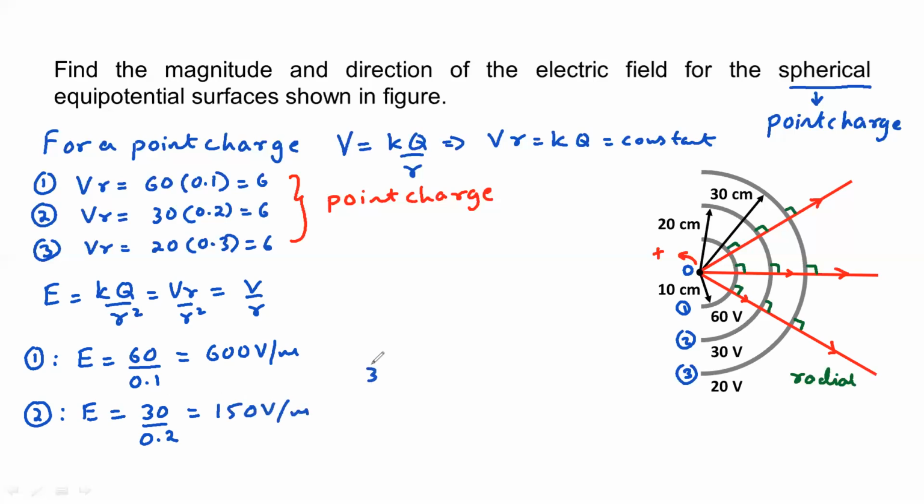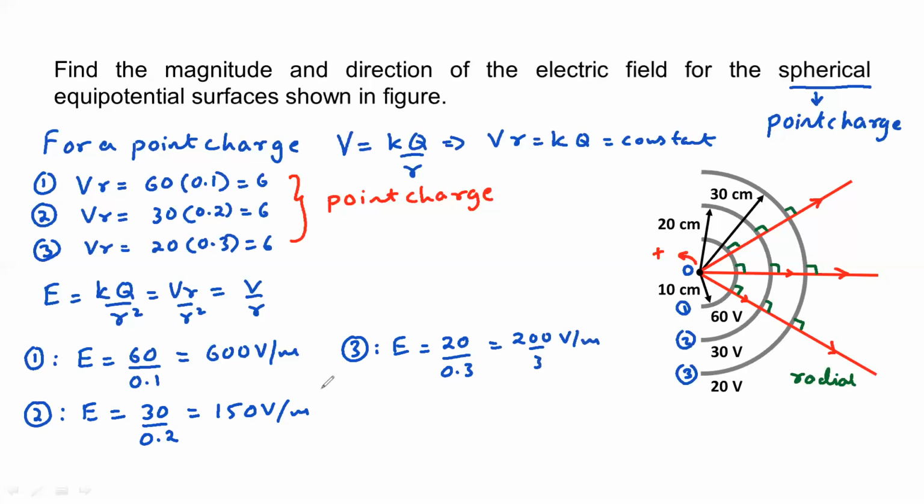And for the third equipotential surface, E is equal to V over R. V is 20 volts by this distance is 0.3. I'll write 200 by 3 volt per meter.